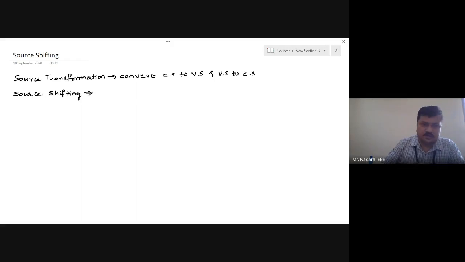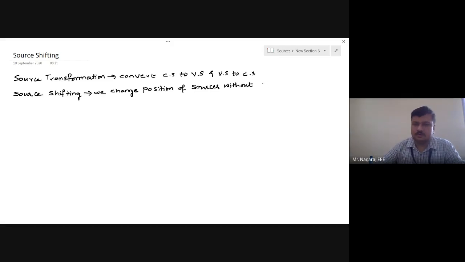So here we change the position of sources without altering the branch currents and node voltages.